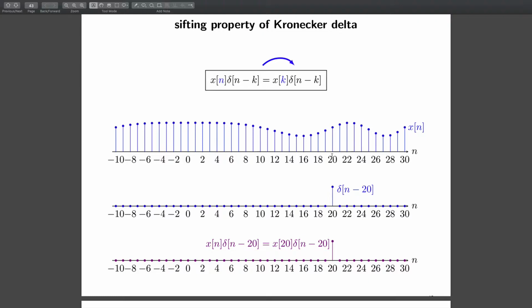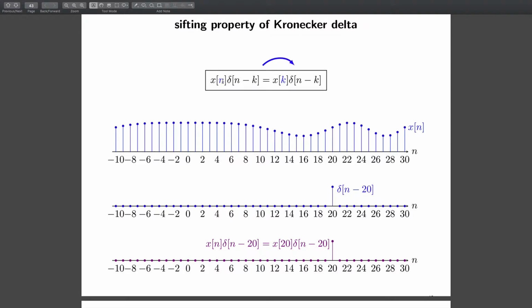So this is called sifting. We think of the point at which the delta function turns on as sifting out only one of the values of the sequence. From among all the values in the sequence, this sifts out just one. So anytime we see a function multiplying a delta function, the only value in the function that matters is the value at the time when the delta function turns on.